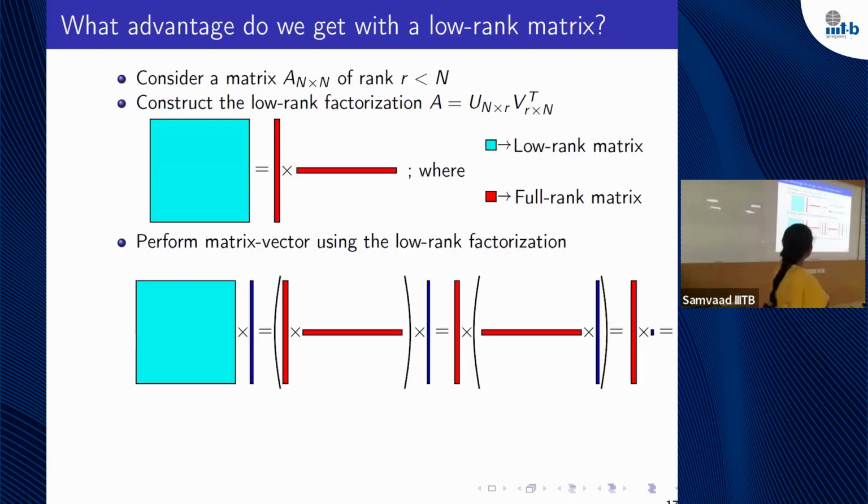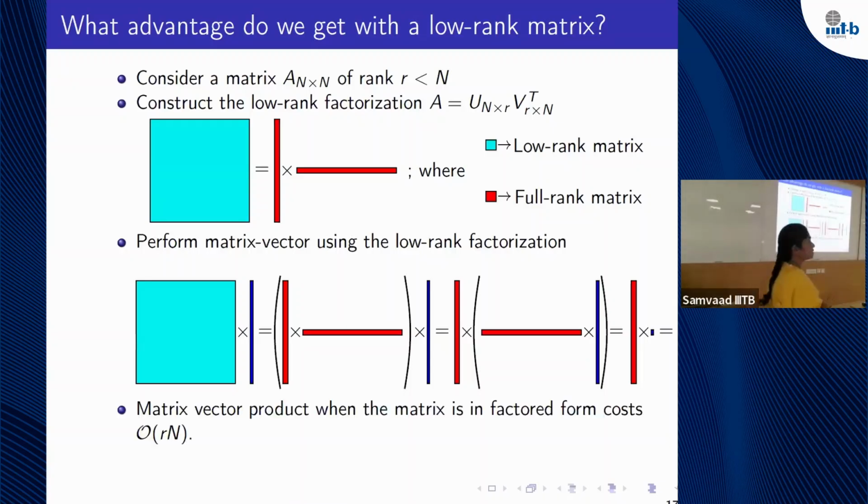In total, the computational complexity is O of Rn. And if R is small, not comparable to n, if R is like O of 1, then you can write O of Rn as O of n. This is the advantage you get when you know that a matrix is low rank and you want to do a matrix vector product.